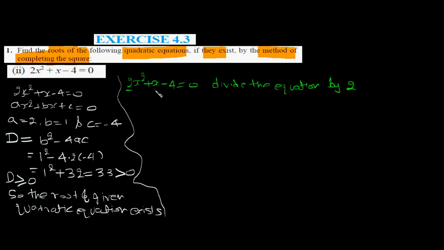So I will divide this whole equation by 2. So I will get x square plus 1 by 2 x minus 2 is equal to 0. Now this is the equation which I will solve by the completing the square method.